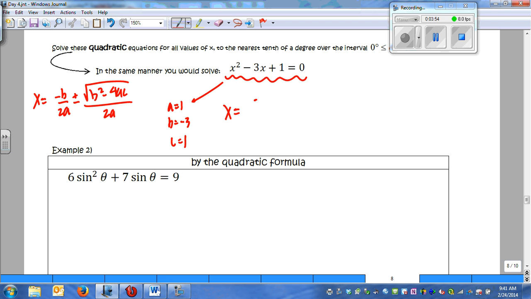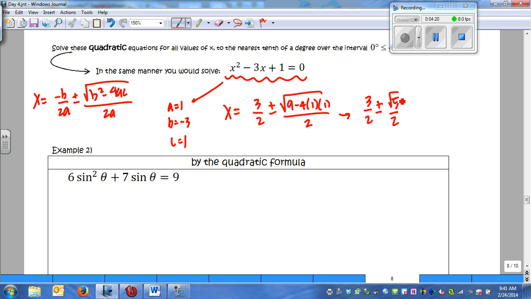X equals 3 over 2 times 1, which is 2, plus or minus the square root of b squared, that's 9, minus 4 times a, which is 1, times c, which is 1, over 2 times 1, which is 2. That means that x is just 3/2, plus or minus the square root of 9 minus 4, it's 5, over 2.